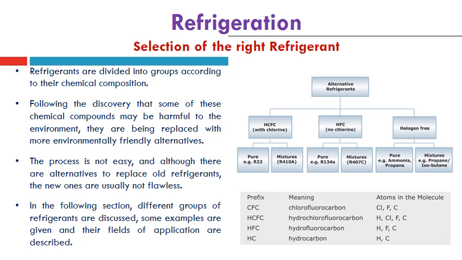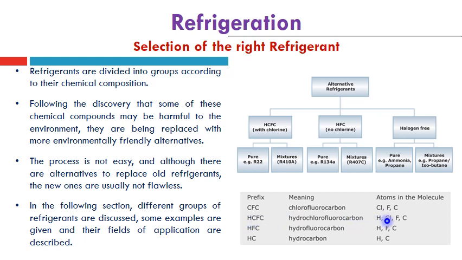The suffix or prefix and the abbreviation of each type are shown in the table below: CFC, HCFC, HFC, and finally HC. CFC means the first C is for a chlorine atom, F for fluorine, and finally C for carbon.